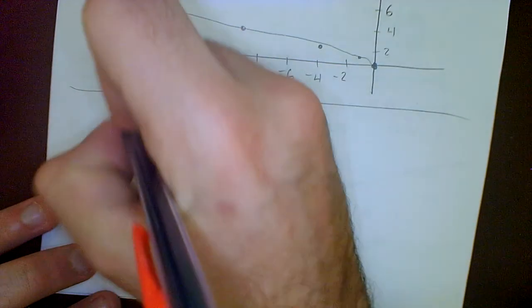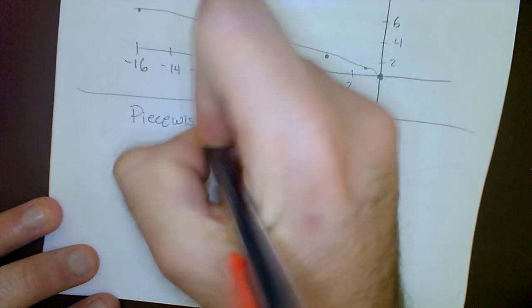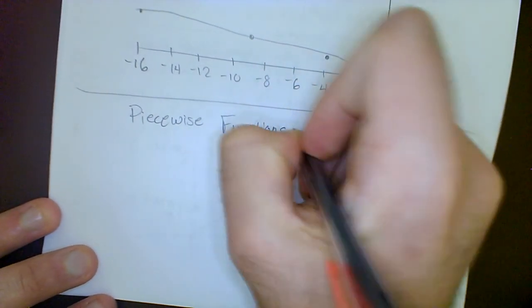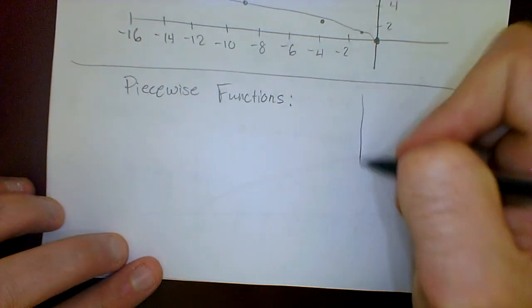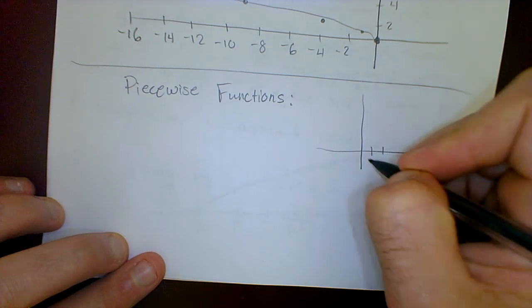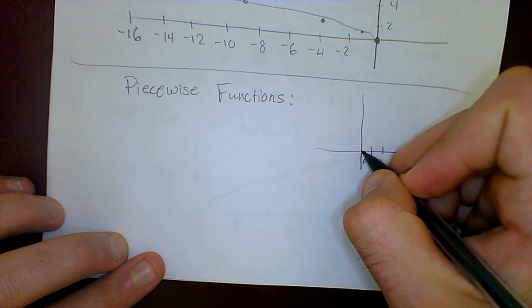Now we will start talking about piecewise functions. Okay. So a piecewise function is where, like, the graph of a piecewise function might look like this. So for some, let's say for 0 to 2, you have a function that looks like the square root of x.